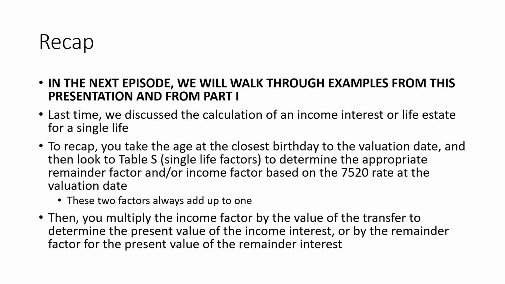Recall that the remainder factor and income factor for each age add up to 1, and that factor could then be multiplied by the value of the assets in the trust or whatever the case might be to determine the present value of the income interest if you're using the income factor, or the present value of the remainder interest if you're using the remainder factor.